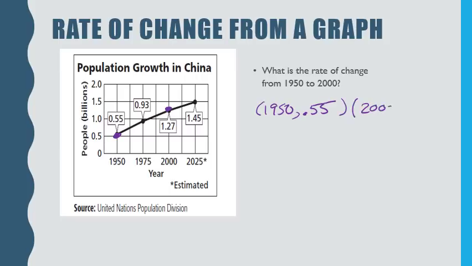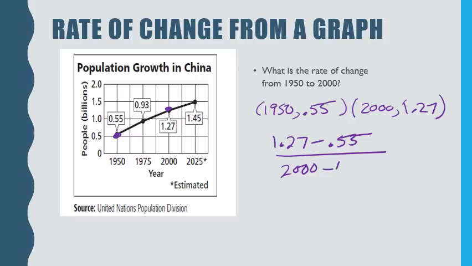In 2000, it was 1.27 billion. And I can just use the formula then. So my 1.27 minus 0.55 over 2000 minus 1950.